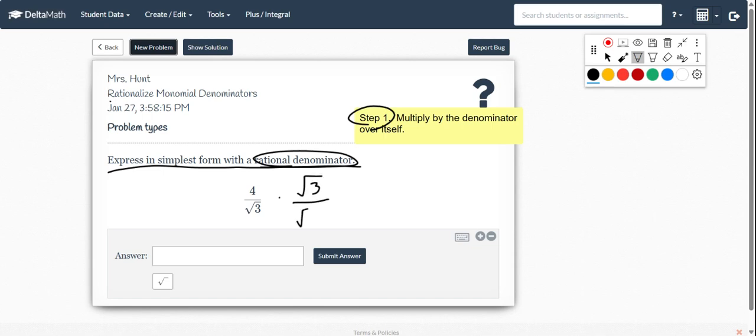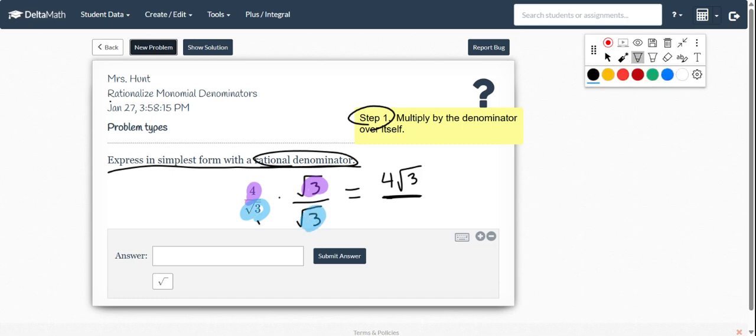The denominator is the square root of 3. Follow across. 4 times the square root of 3 is 4 square roots of 3. A whole number times a radical just stays as the whole number outside and the radical inside. However, in the denominator, we have a radical times a radical.